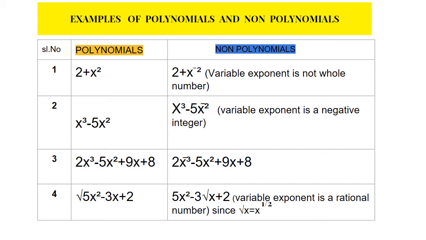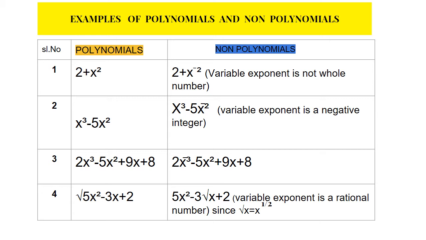Now observe here x cube minus 5x square. Two terms are here, combined with a subtraction. Here the exponent of x is plus 3, a whole number, and the other is 2. So this algebraic expression is said to be a polynomial. Now observe x cube minus 5x to the power of minus 2.